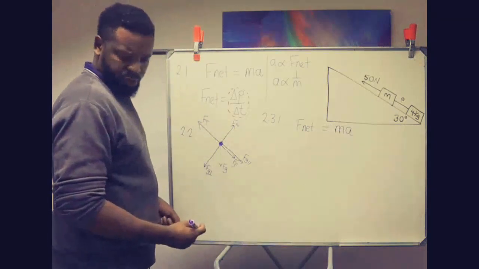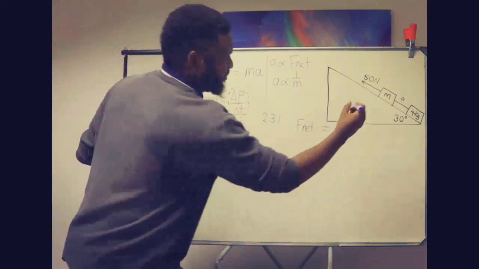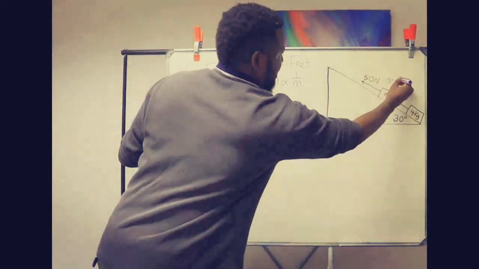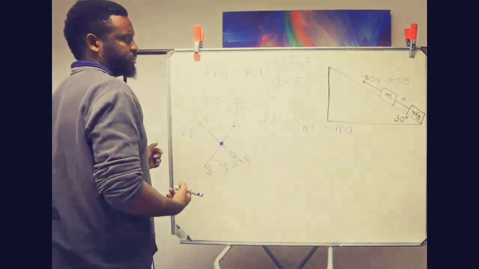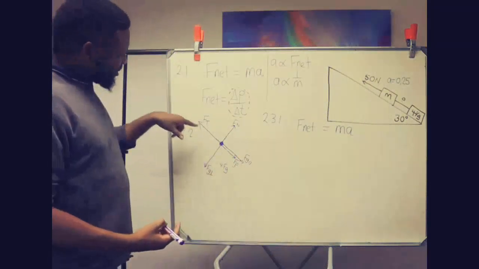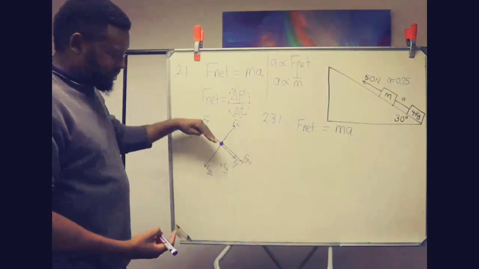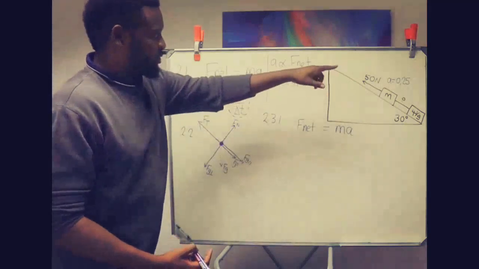Well, we are told the system accelerates up the incline at 0.25. So the a is 0.25. Right? So when we add all these forces that act parallel to the incline, they are the ones that are causing this system to move like that.